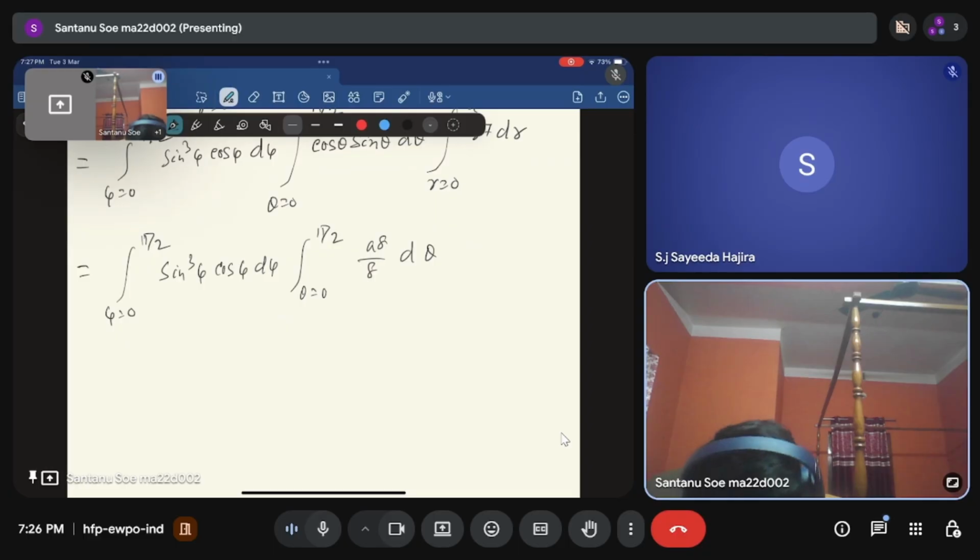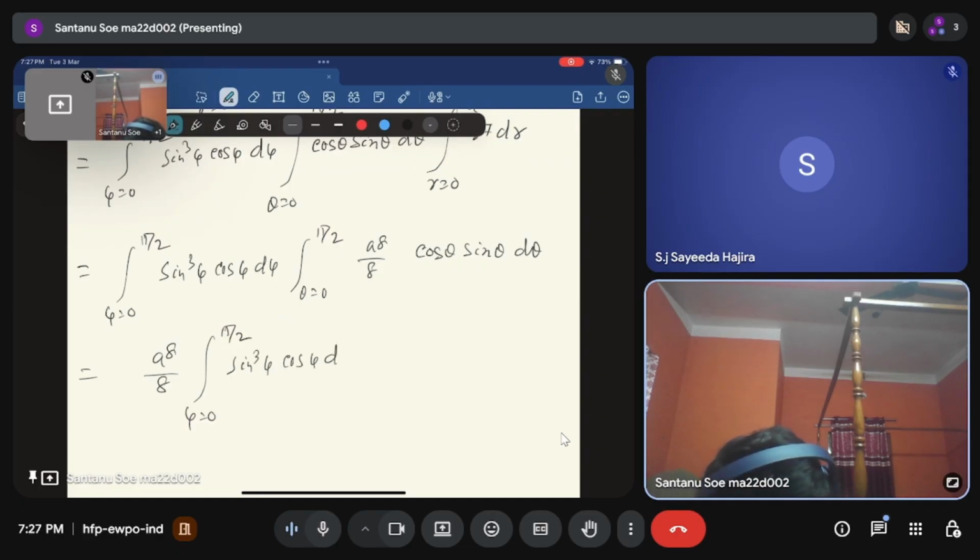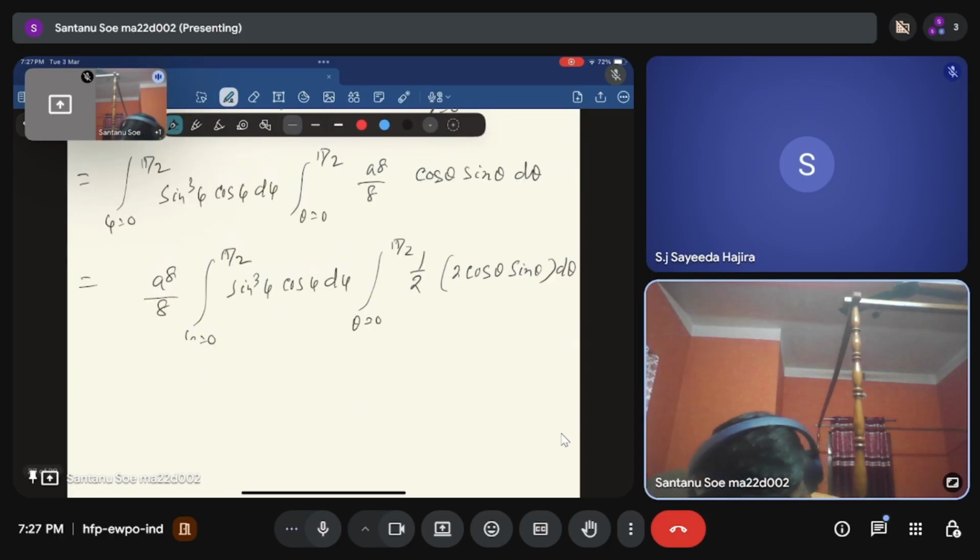So this is gonna be, sorry, there is another cos theta sin theta. So this is gonna be a to the power 8 by 8, and then phi equals 0 to pi by 2 sine cube of phi cos of phi d phi, and then we can write this inside thing as theta equals 0 to pi by 2, 1 by 2 times 2 cos theta sin theta d theta, correct?